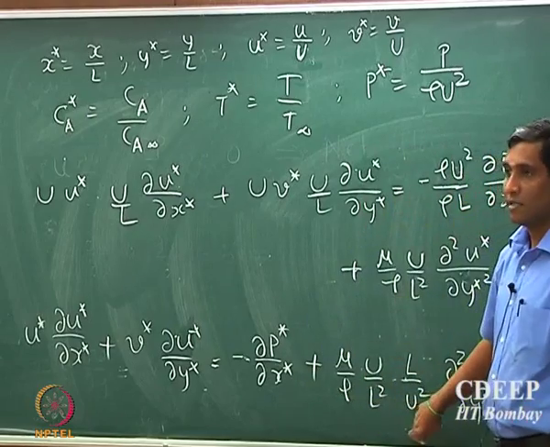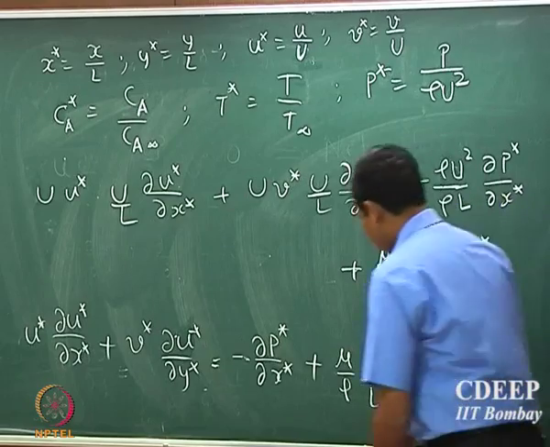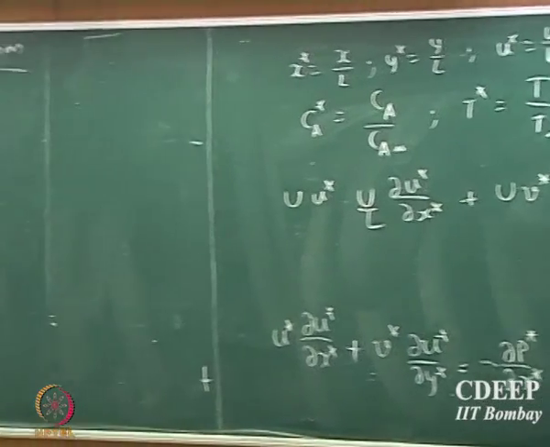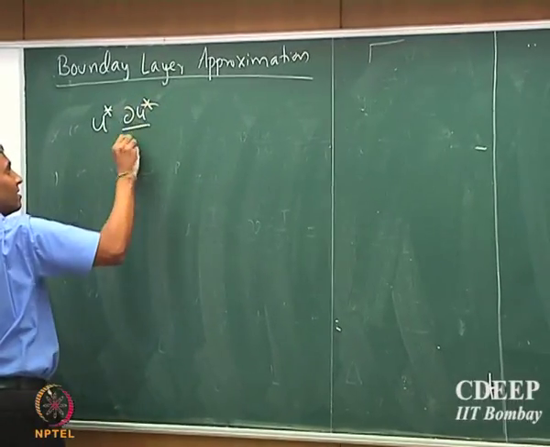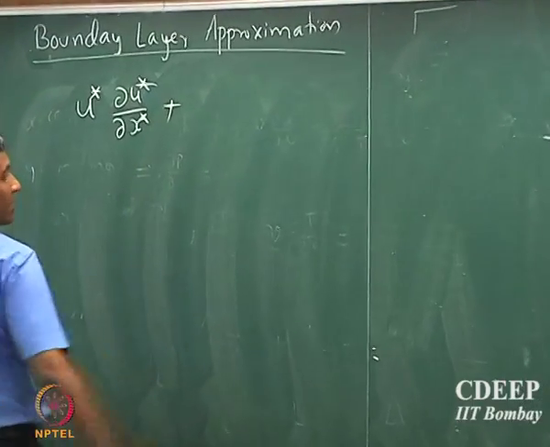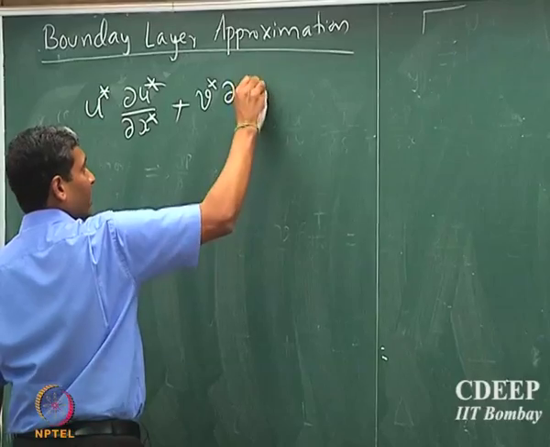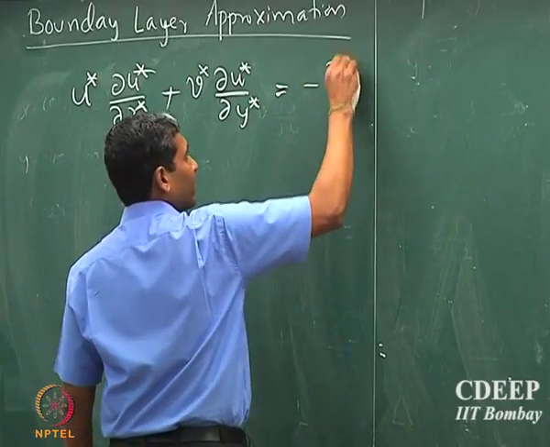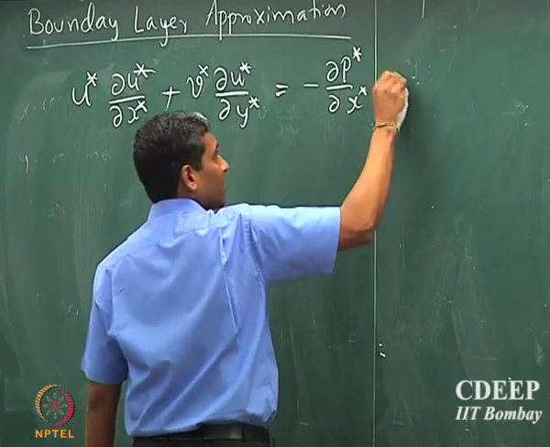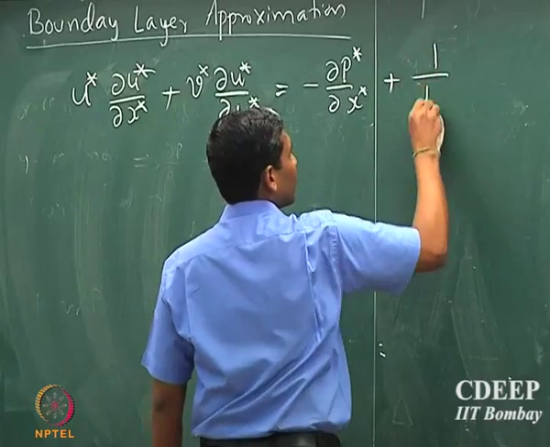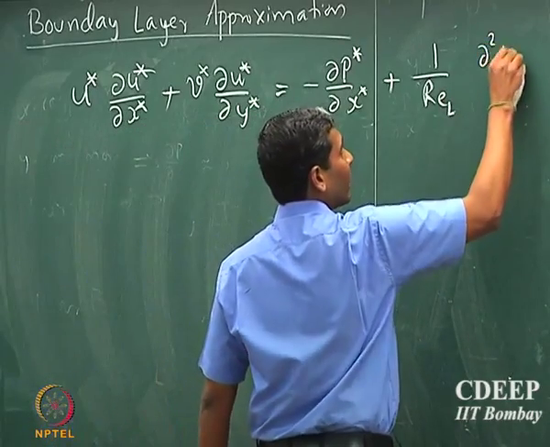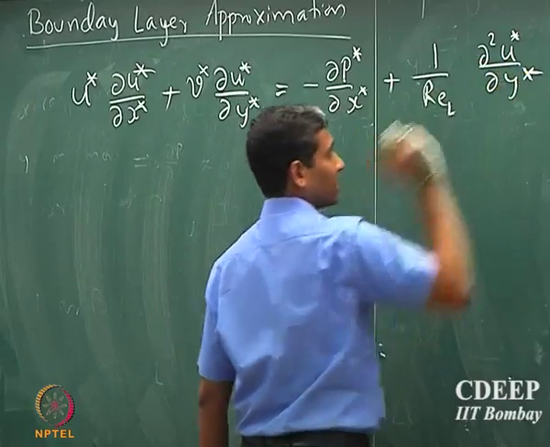What is this term? This is 1 by Reynolds number, okay. So that will be u star du star by dx star plus v star du star by dy star, that is equal to minus dP star by dx star plus 1 by Reynolds number defined based on the length of the plate, into d square u star by dy star square.